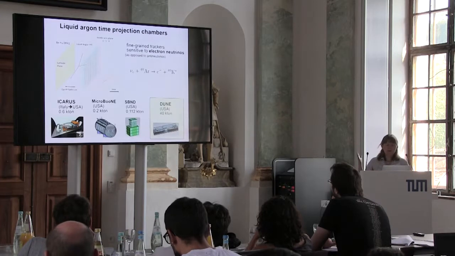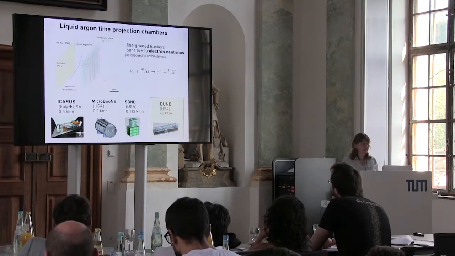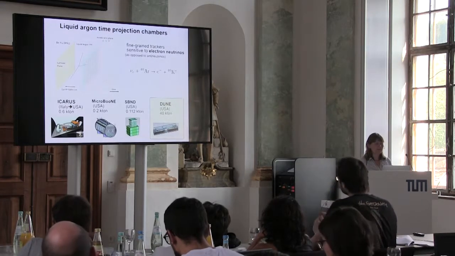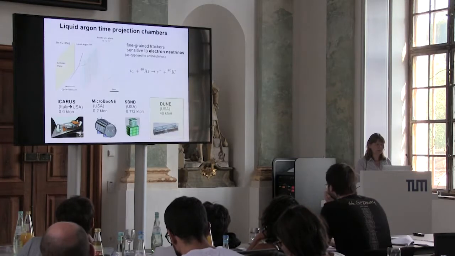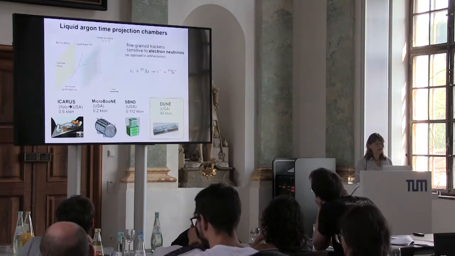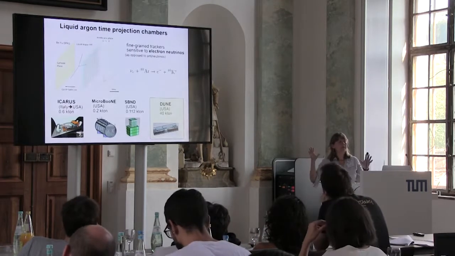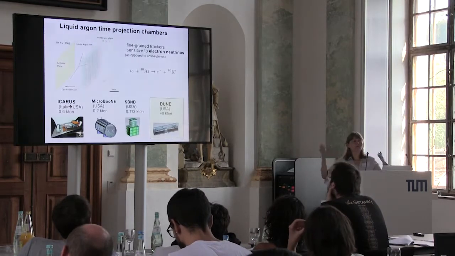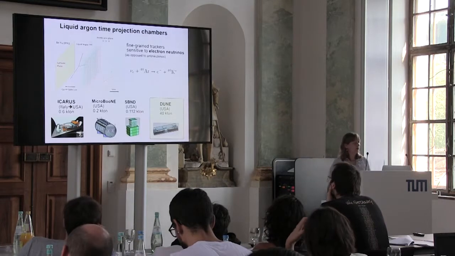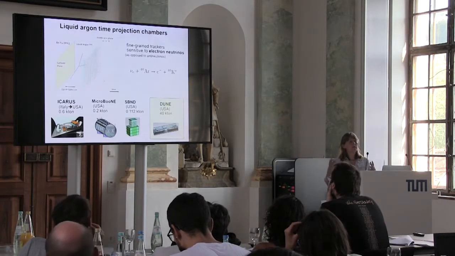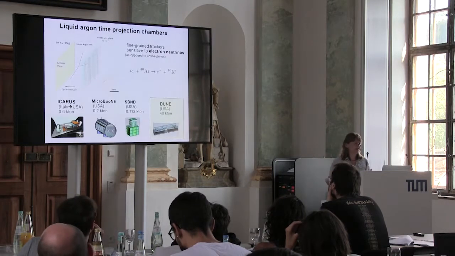Okay, now let me talk about argon, which is what I've been personally working on most of my time on supernova neutrinos these days. Liquid argon time projection chambers are detectors that also have a day job of looking at high energy events, for long baseline oscillations. And these have, in principle, really exquisite tracking capability.